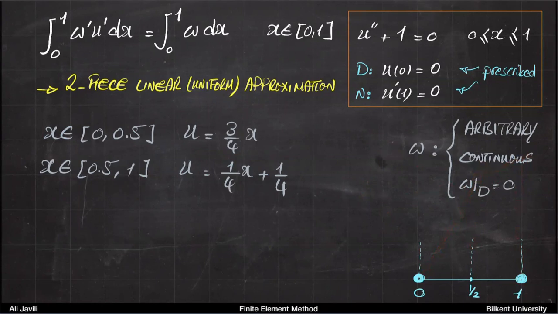If you evaluate this at x equals 1/2, then your first u would be 3/8, and your second u is 1/8 plus 1/4, that is also 3/8. So the continuity at the center, at 1/2, is satisfied.